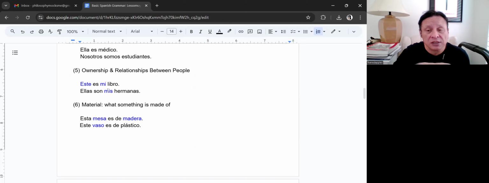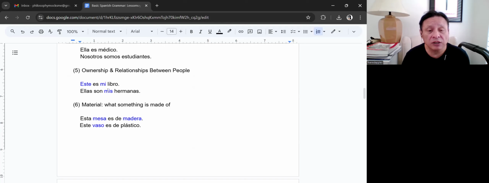It's pretty common in English too. A mesa is also the flat area on a mountain. Esta mesa es de madera. Here's the de, meaning made of.